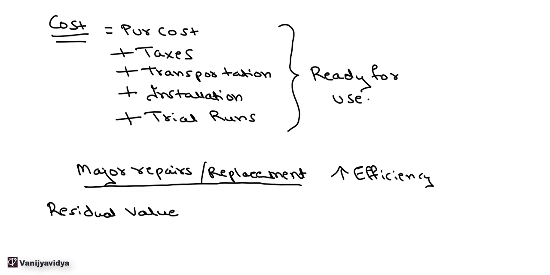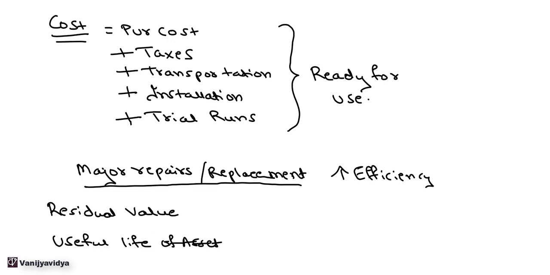The third is your useful life of asset. Now, this useful life of the asset is the period over which the asset is expected to be used. Now, this useful life of the asset can be calculated in many ways. Like you can calculate what is the total production capacity of the asset, and accordingly how many units will be produced in the factory, and accordingly the number of years can be calculated.